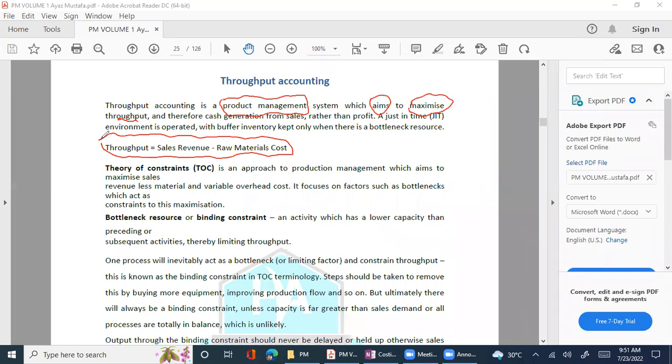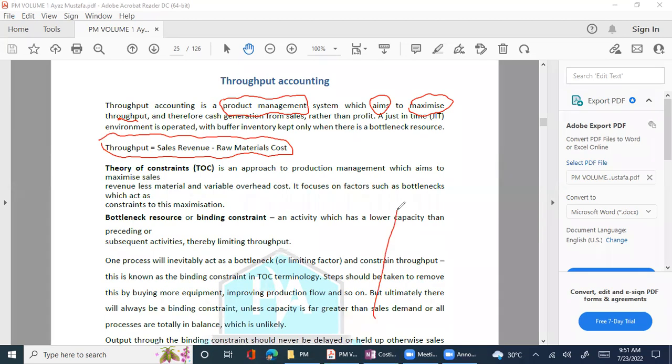So when we subtract the raw material cost, we get the throughput. From this throughput, we subtract our fixed costs, which are labor, overheads, and many other costs. All costs are assumed to be fixed, and so we get the profit.